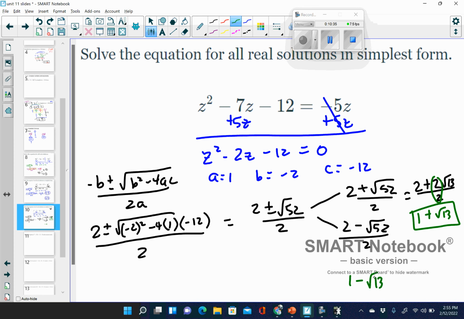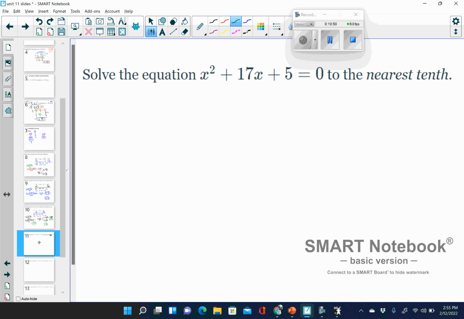So those are your two answers: 1 plus radical 13 and 1 minus radical 13. Done. You could also write it like 1 plus or minus radical 13. Delta Math has that button. This is the one where you're going to plug things into a calculator.